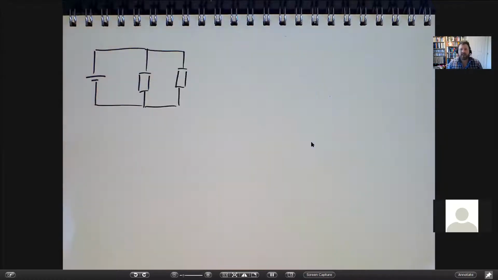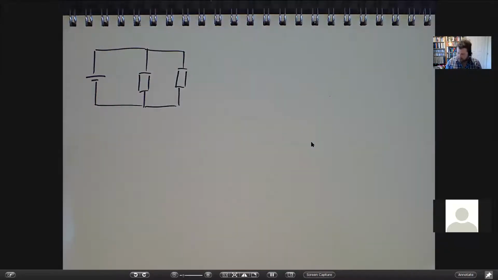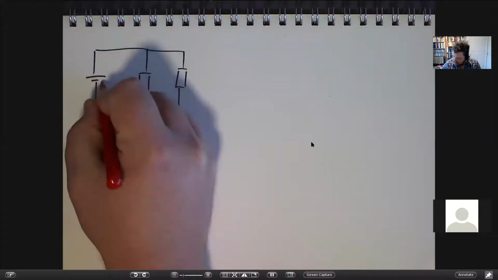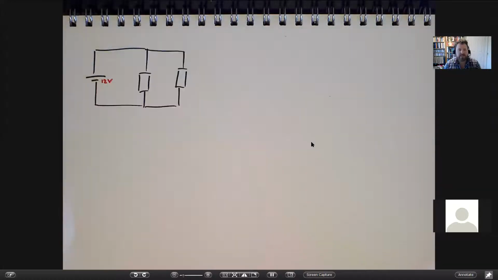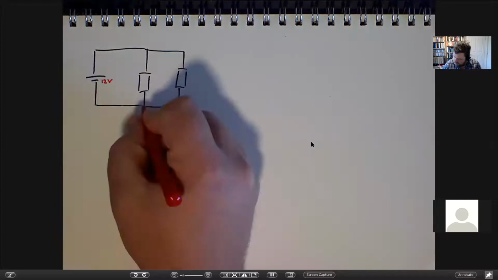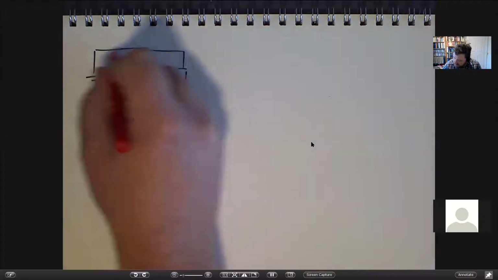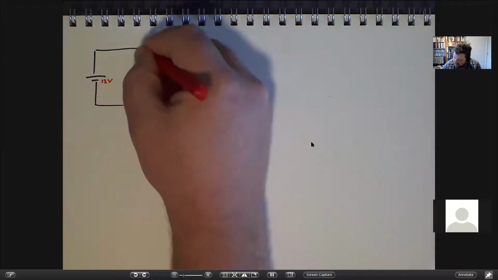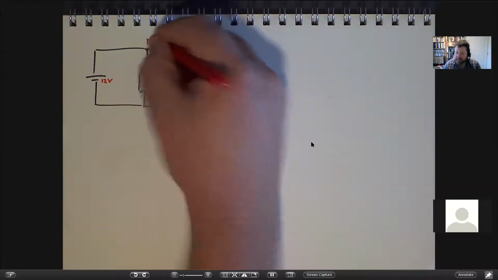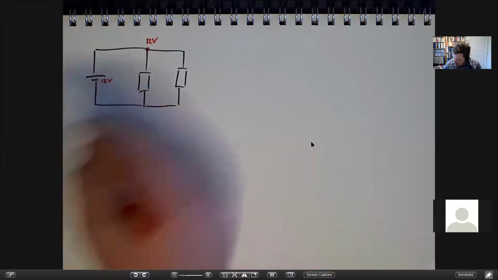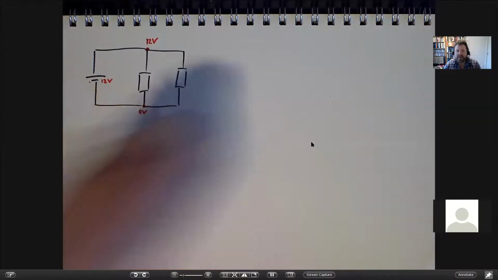And I realized that if we put a particular voltage on here, let's say 12 volts, then because no voltage is used up in the wires themselves, that tells us that at that point there, the current still has 12 volts. And since we got 0 here, we know that that point there has 0.